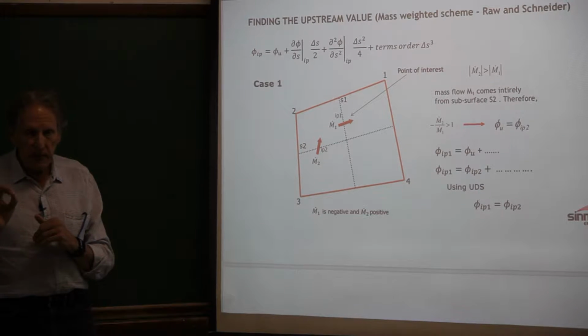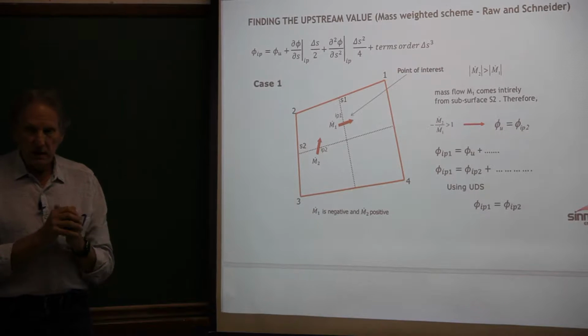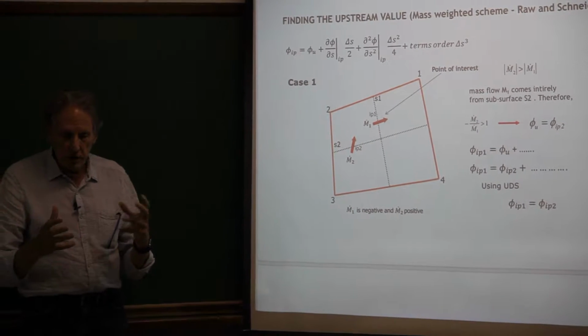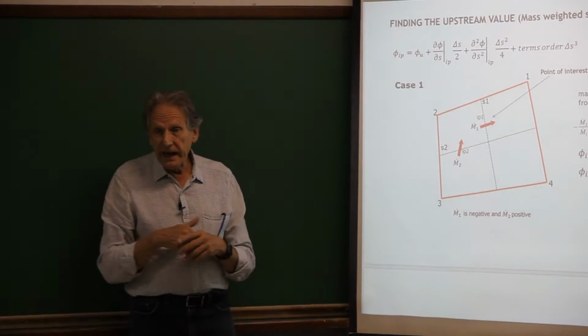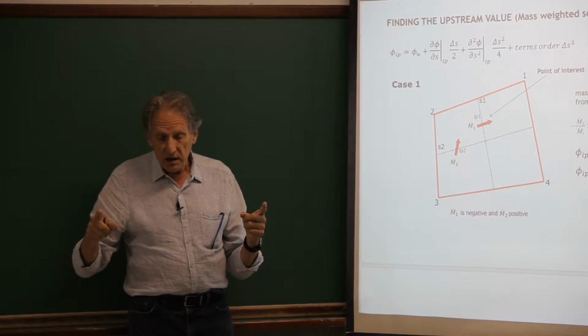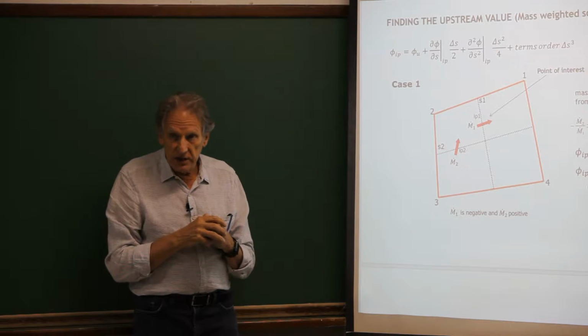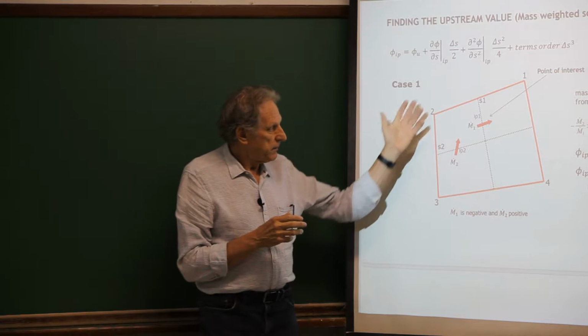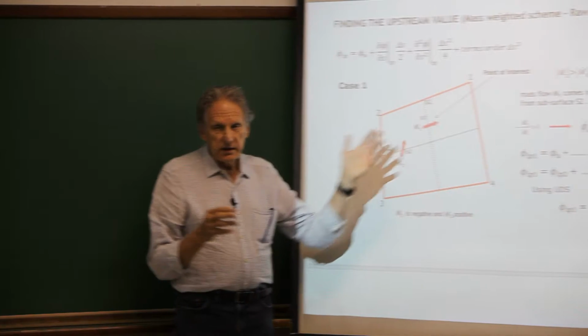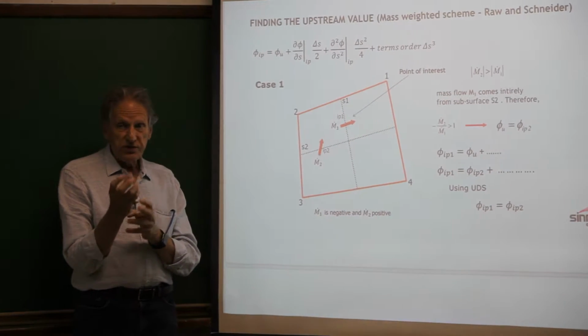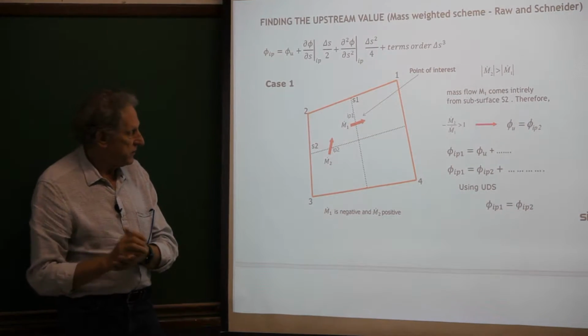The choice of the upstream value is very important in order to avoid negative coefficients, and negative coefficients cause oscillations. It's better that you have a scheme which preserves the positiveness of the coefficients.